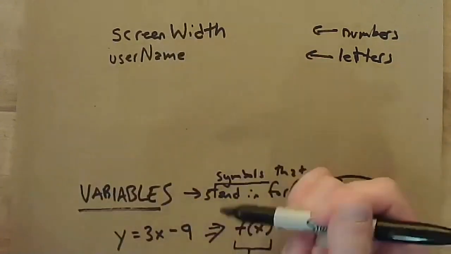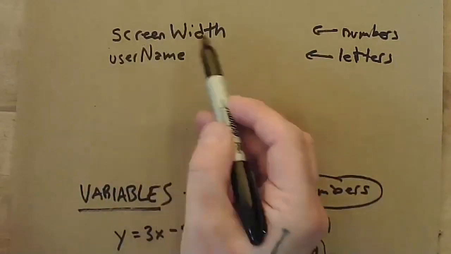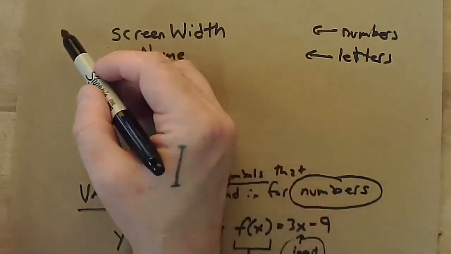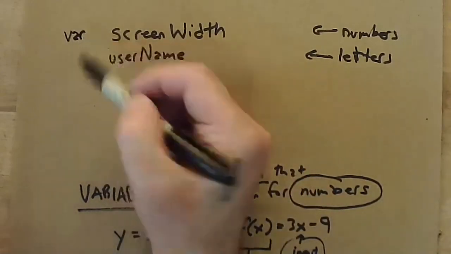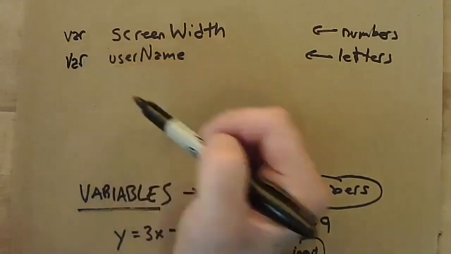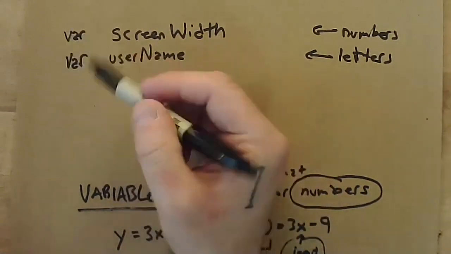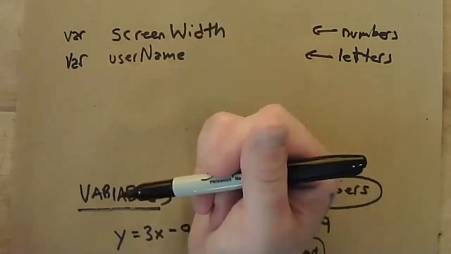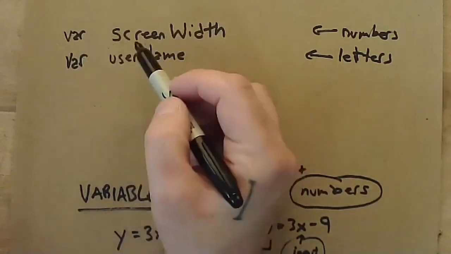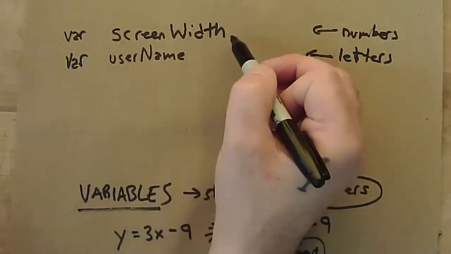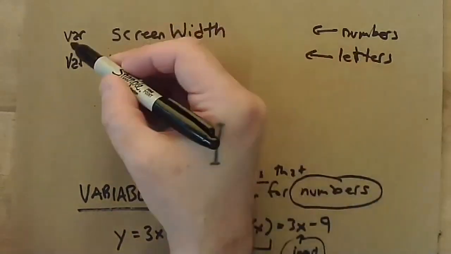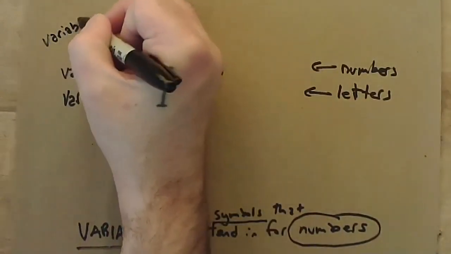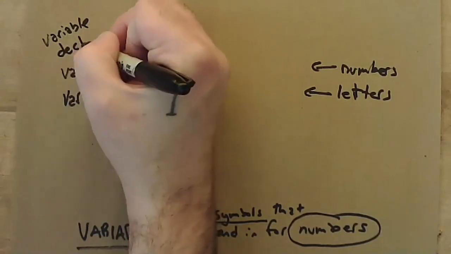But we need a way to tell our coding environment that what we're saying here is the name of a variable. So we'll say var. I guess maybe you should pronounce that var for variable, but I cannot stomach that personally. If you like to do that, go for it. But var screenWidth, var userName, and this is called variable declaration.